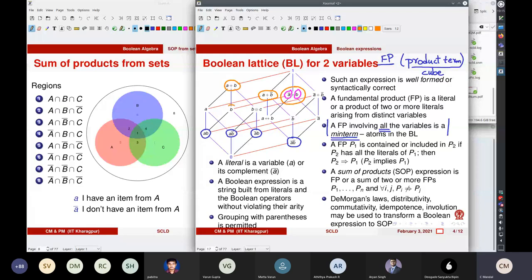And if you recall, when he talked about the representation, each node has an irreducible, irredundant sum representation of the atoms of the lattice, right? So that is exactly what you're seeing.